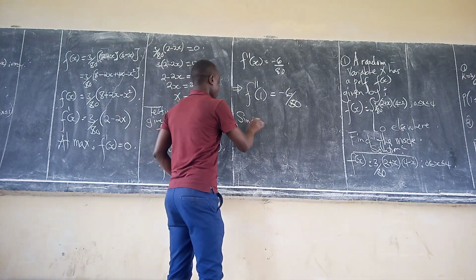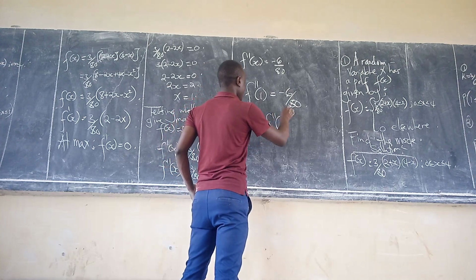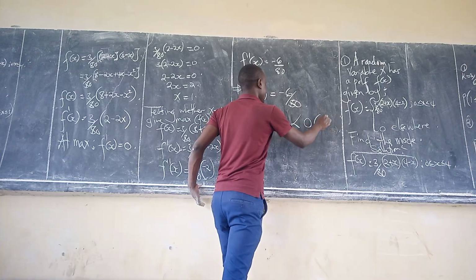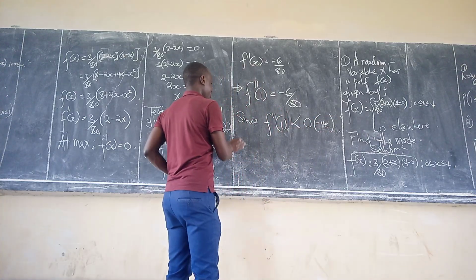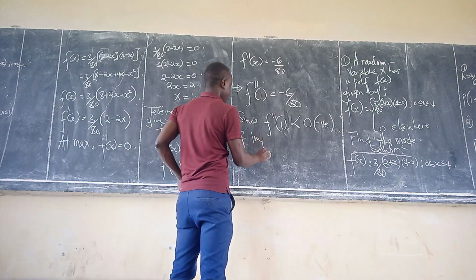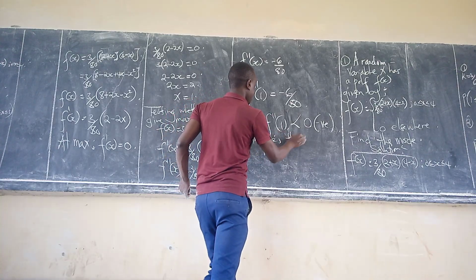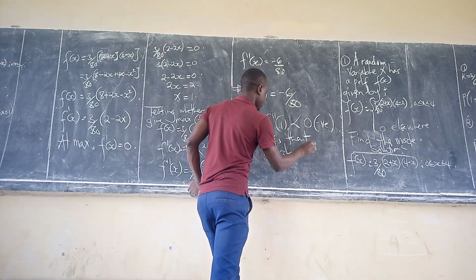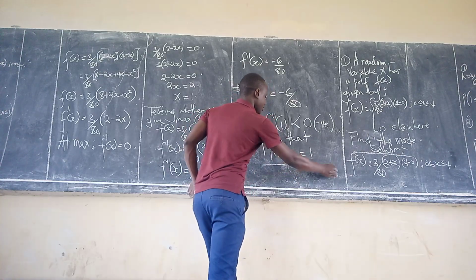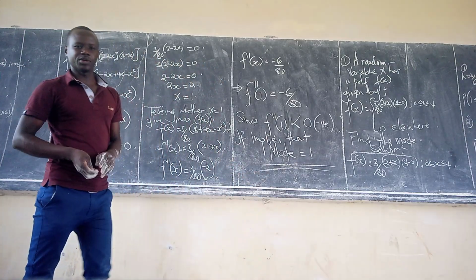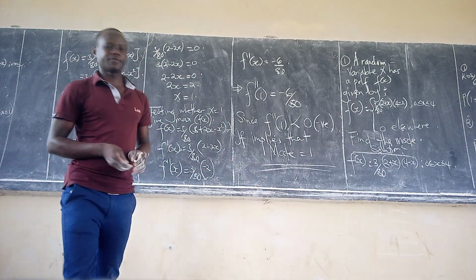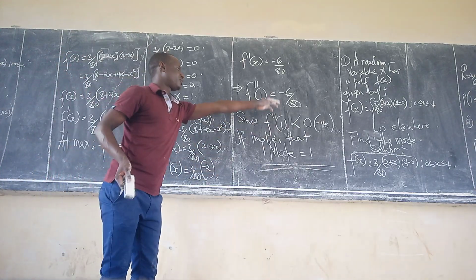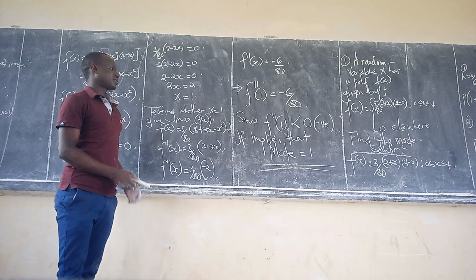So since f double prime of 1 is less than 0, in brackets it is negative, it implies that the mode is equal to 1, because it is 1 which satisfies the condition that the second derivative must be less than 0, because it is already negative.